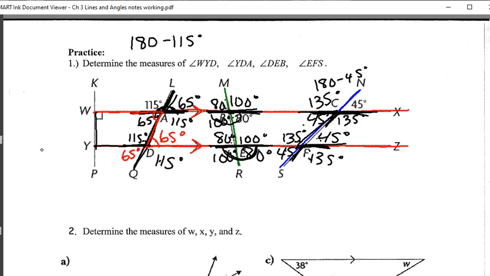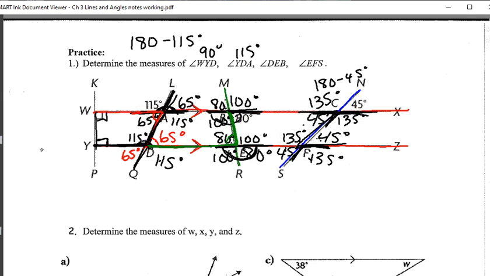YD. Well, first of all, that's 90 because they're parallel, so 90 degrees. YDA, Y to D to A, YDA, 115 degrees. D to E to B. So at this point, we have D. Let's see if I can use a D to E to B. Well, that's 80.